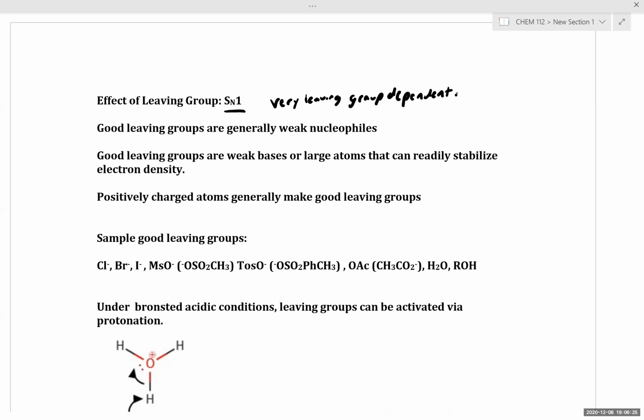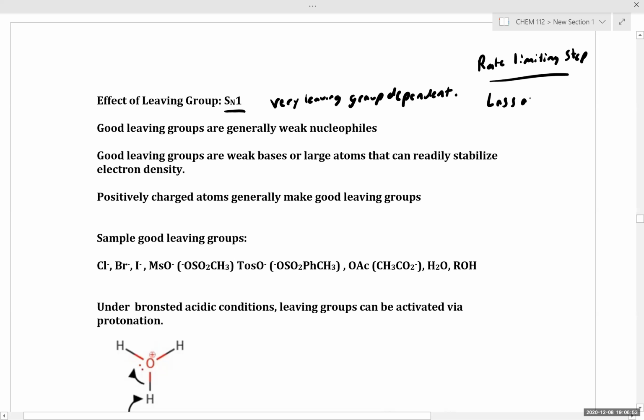What's so special about the SN1 reaction? What is our rate limiting step? This is a hint. What is the rate limiting step? Formation of the carbocation, yes, via loss of leaving group, right?